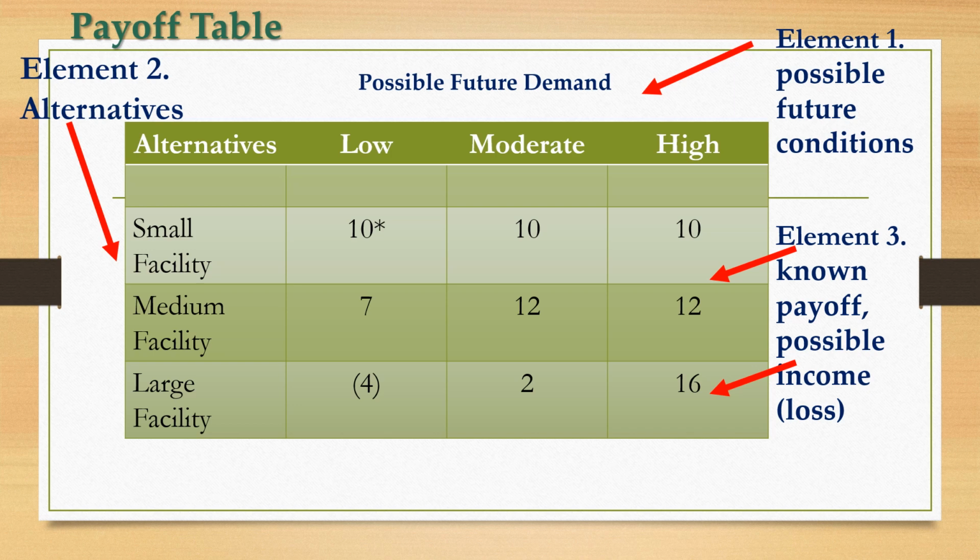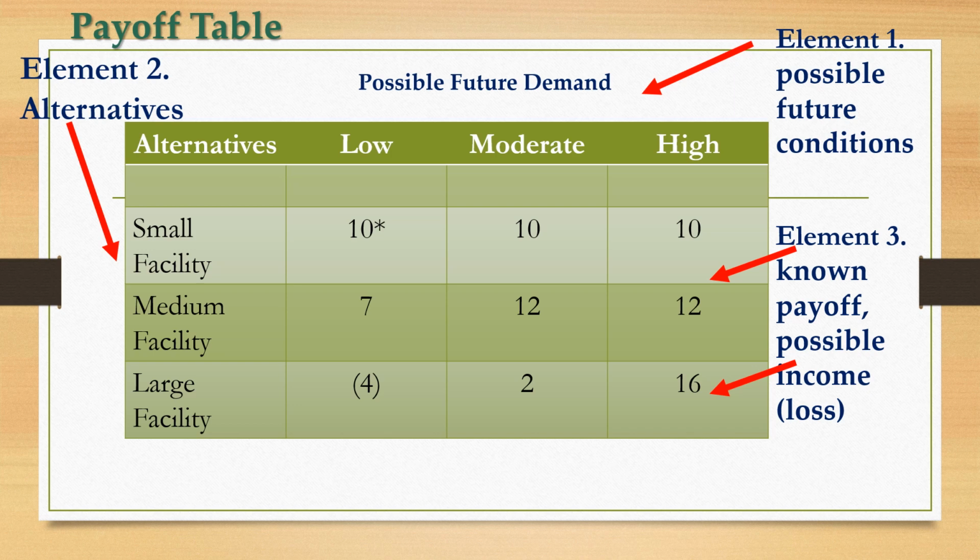So in our payoff table, since we will be deciding to construct a facility, we have to decide among the following alternatives: whether to construct a small size facility, a medium size facility, or a large size facility. So those are the alternatives or the choices available for us.